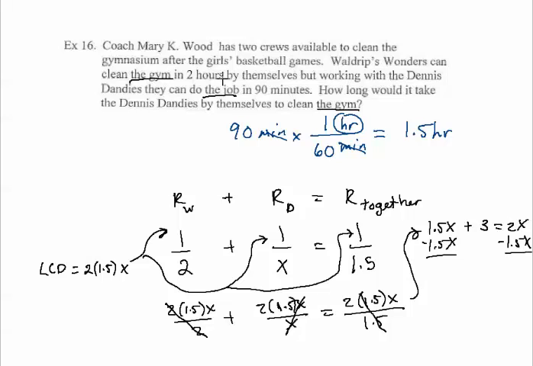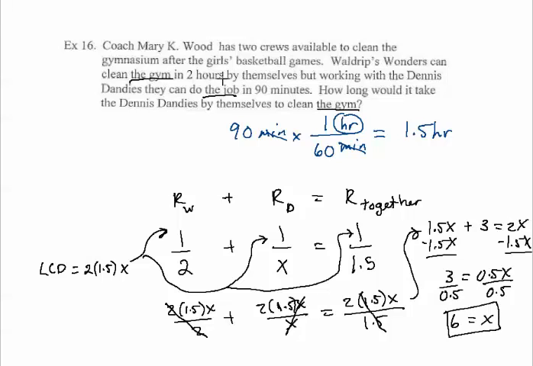We're left with a 3 on the left and a 0.5x on the right. And to finally solve and get our variable by itself, we divide both sides by 0.5, and we get a 6. x equals 6.